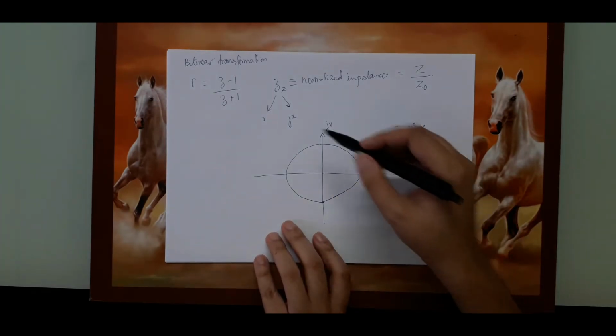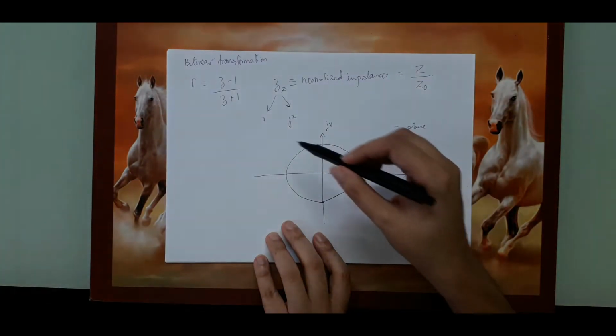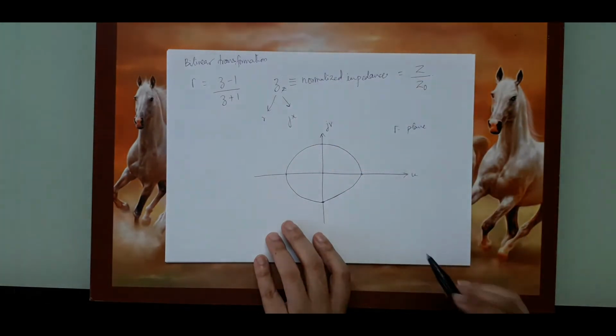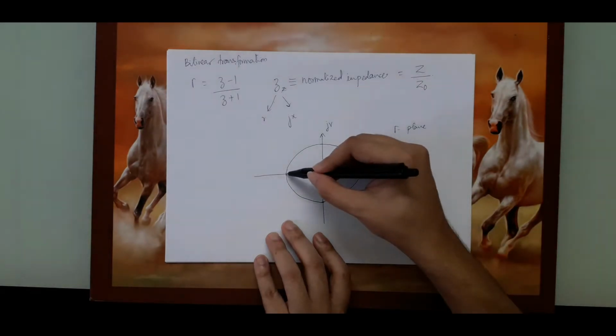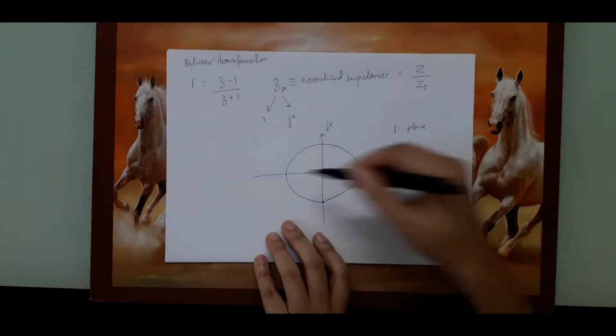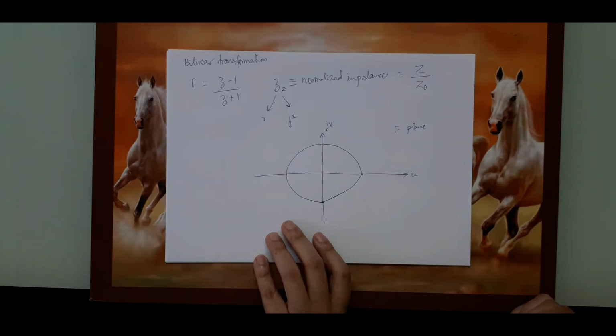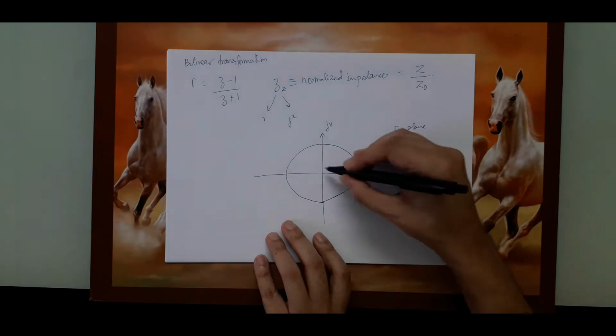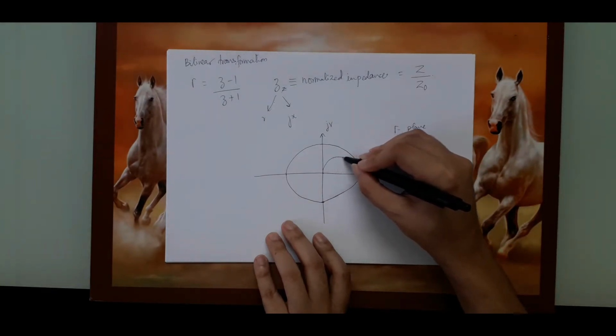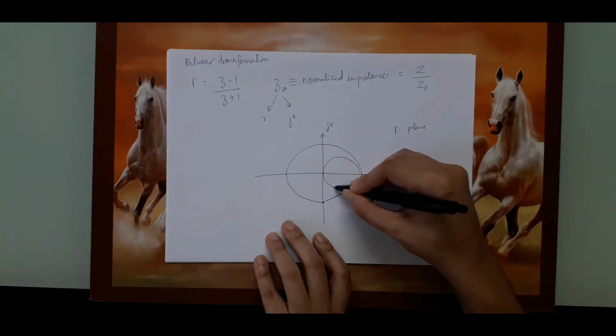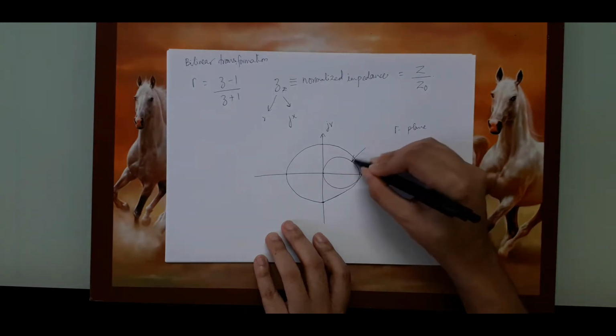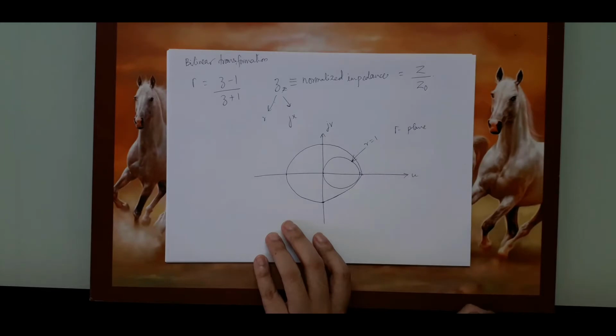So we saw that all the circles corresponding to any given value of R all have their centers on the real axis. We had proved that for R equals 1, this is the circle.